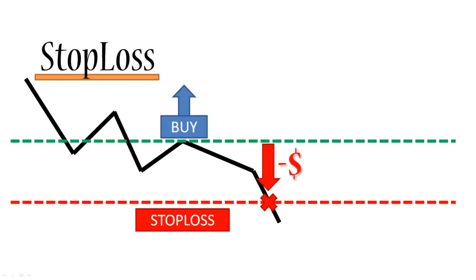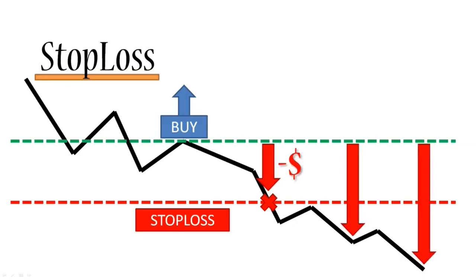So at this stage, you would ask, why is a stop loss good if it brings losses? Well, let's see what happens to the market further down the track. It goes a bit up, it goes down, it goes up, and then it goes further down. So as you can see, there could have been potentially a much higher loss. Say this one, or even this one, or even more than that.